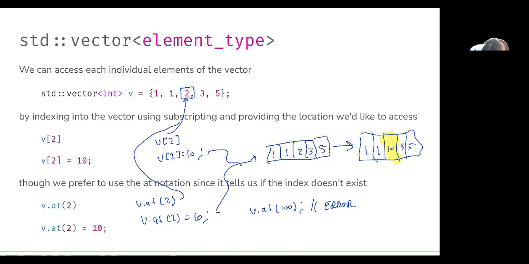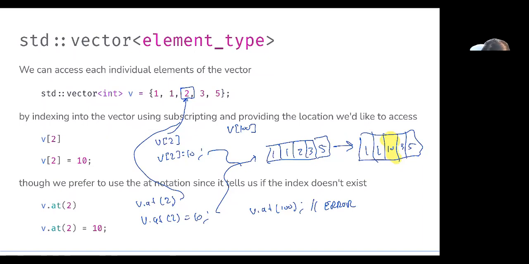Now, if I wrote v of 100 up here, no error is going to be produced. So that would be a very difficult error to catch. Right now, 100 is probably something you think you'll never do. Where this really begins occurring is when you're off by 1.